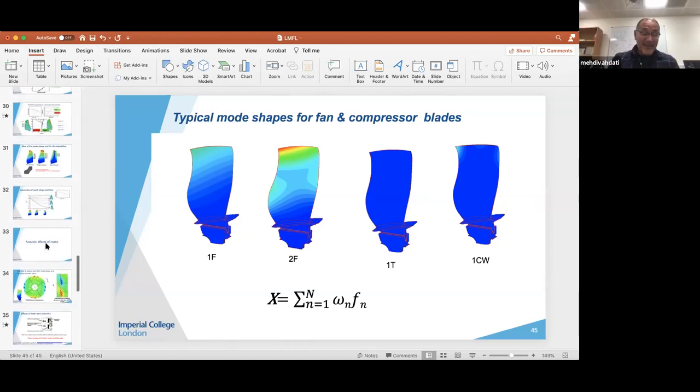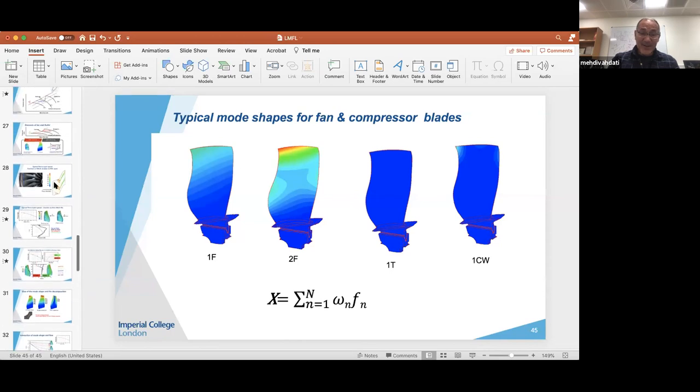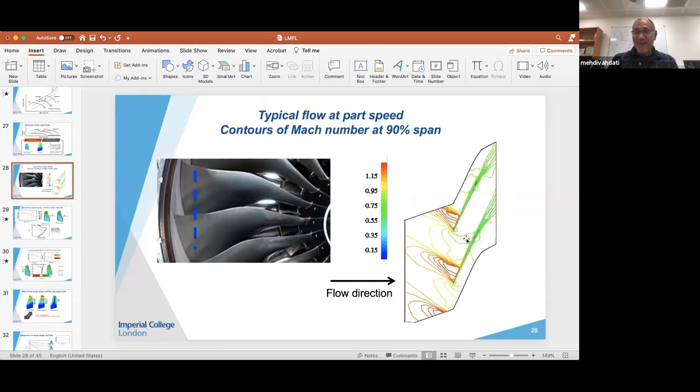Well, that's a very relevant question, because as you said, if you look at this plot, you have a passage. And from my experience, things become important when you start having vibration, as you change the shape of the passage. As I told you, the blades do not vibrate in phase, they vibrate out of phase.